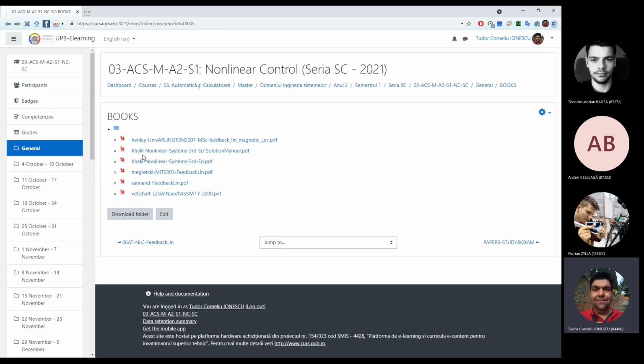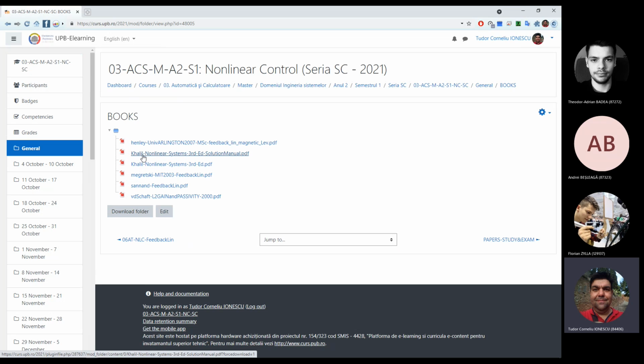Here you have, and I'm telling this to our friend Florian, because here there are some books and some lectures from some good universities on this, okay? Especially about feedback linearization. And then I have the book of Khalil, and I also have the book of Khalil with solutions manual, because the book of Khalil contains in each chapter quite a number of exercises and problems.